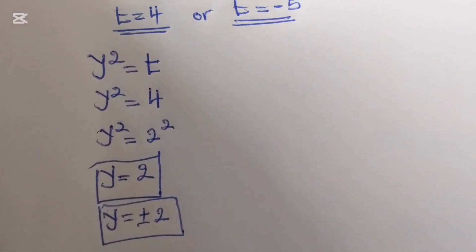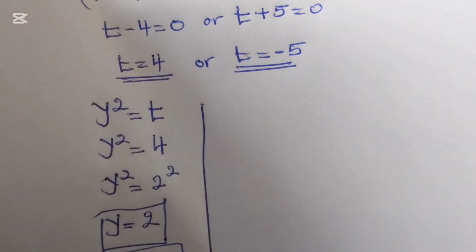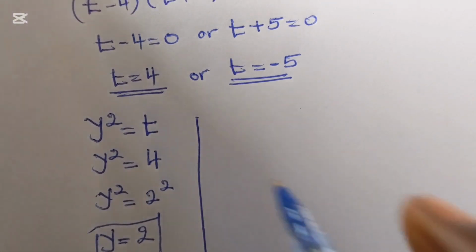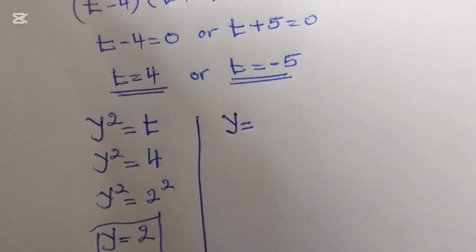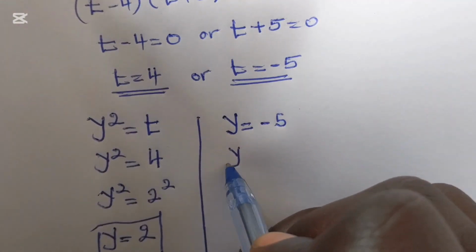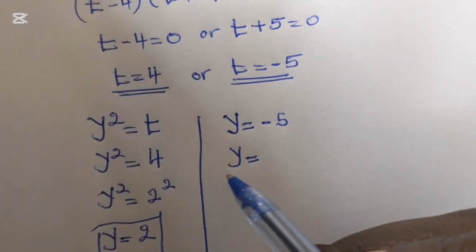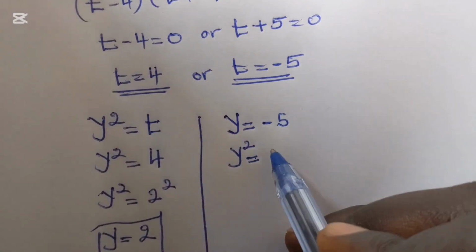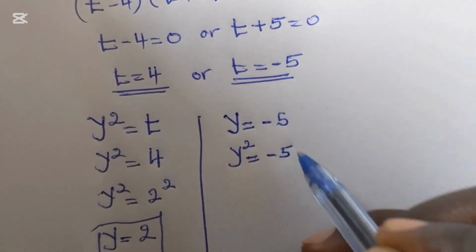Okay, then we come to this value of t we have over here, which is negative 5, so that y squared will be negative 5.